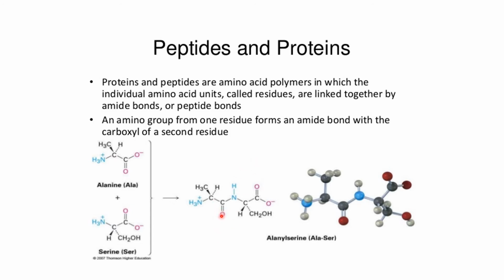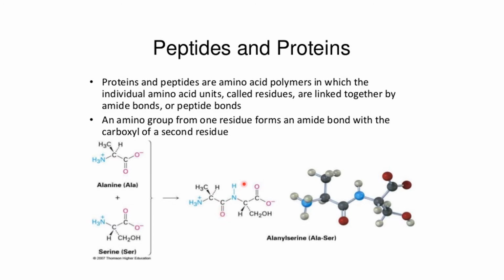So this C double bond O is because of one amino acid, NH is because of the other amino acid. The amino group from one residue forms an amide bond with the carboxylic group of a second residue. That means here you have one amino acid, here is a second amino acid. Both the amino acids are coming together by means of this peptide bond.